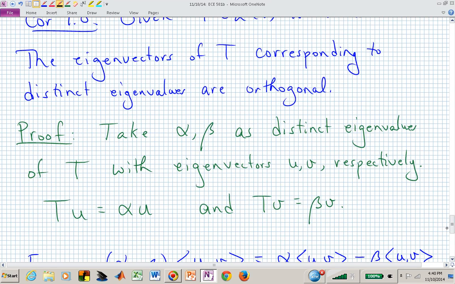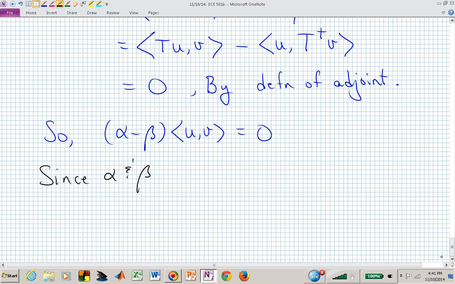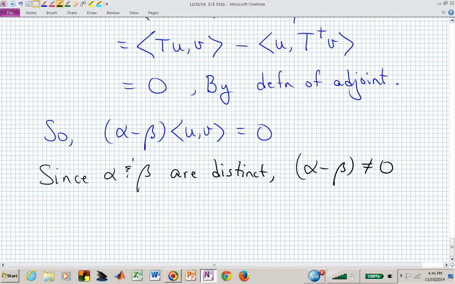Alpha and beta were distinct, weren't they? So if we take the difference of two scalars that are distinct, that's not equal to 0, is it? If alpha and beta are distinct. We can now divide by that non-zero number in that expression and end up with what you were wanting me to conclude all along, which was that the inner product of u with v was equal to 0.